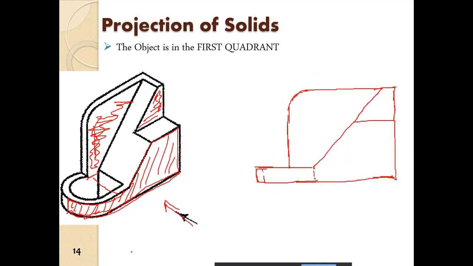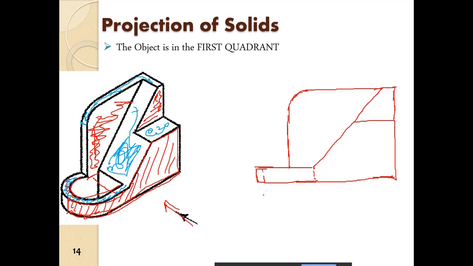So again, if we see from the top, now what we will see, first of all we will see this surface. Okay, let us change the color now again. So we will see this surface, all right, and this surface, again this surface over here, and up to this perpendicular point we will observe this surface.